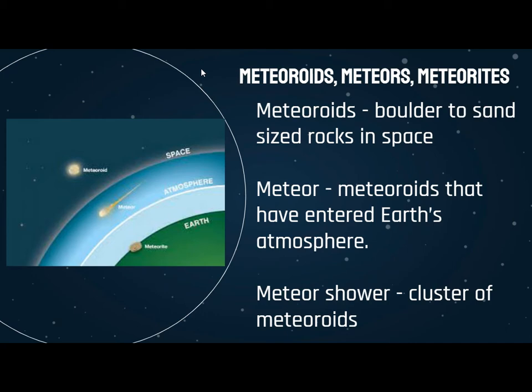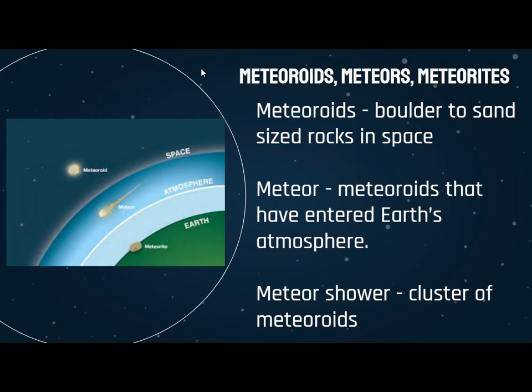So as long as they are outside our atmosphere, they are meteoroids. Once they hit our atmosphere, they are called meteors. So a meteoroid hits our atmosphere, becomes a meteor. When we have bunches of them, it's called a meteor shower.